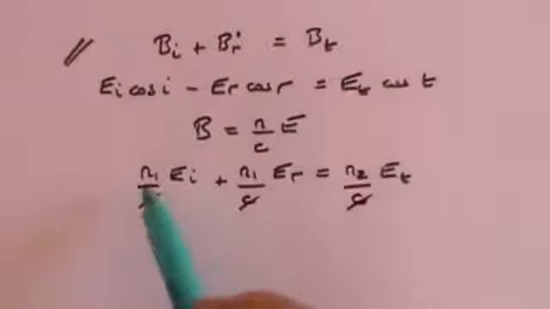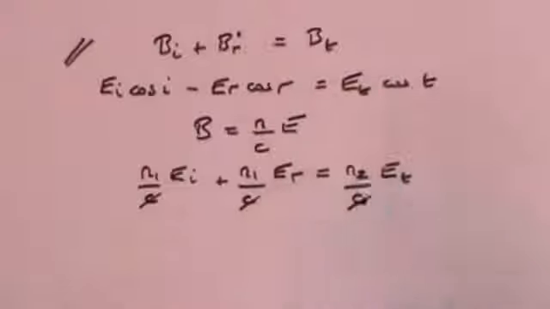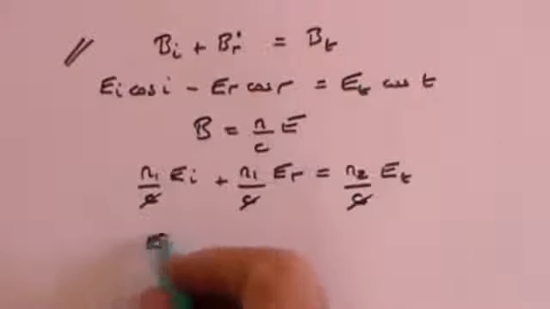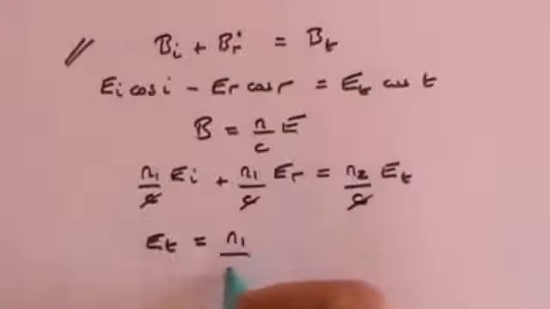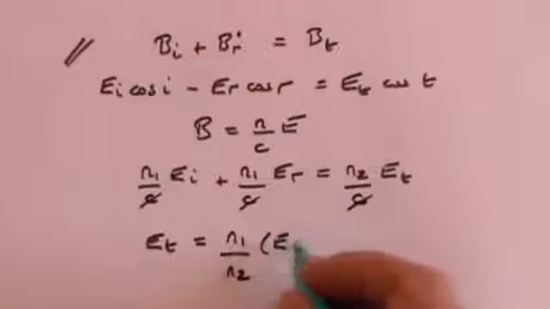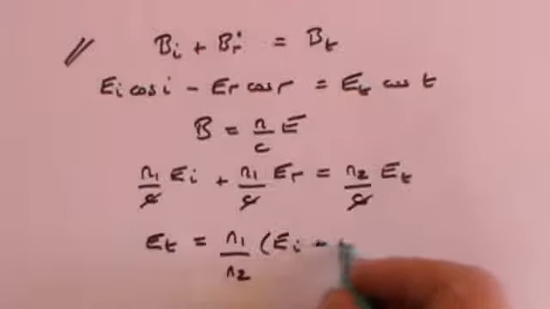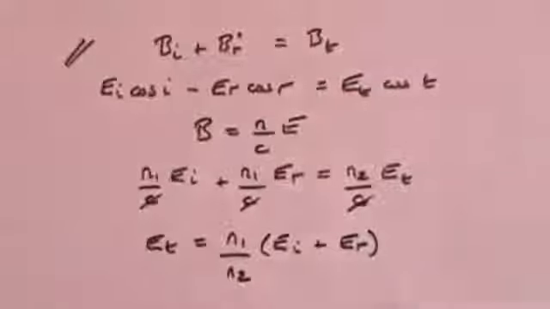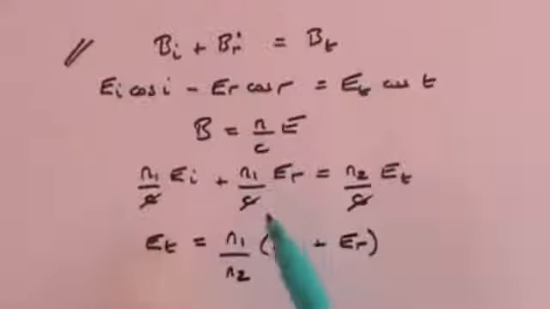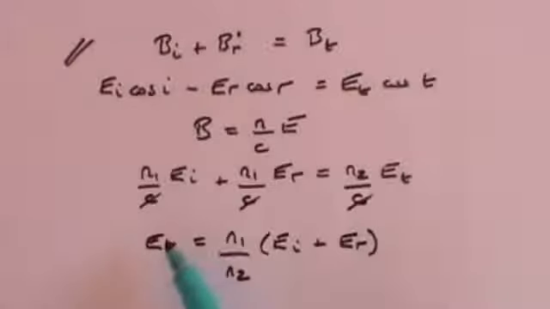And if you rearrange this formula by dividing through by N2, you should be able to see that ET is equal to N1 over N2 times EI plus ER. All I've done is to divide by N2, so you've got N1 over N2, N1 over N2, both of those can come outside into EI plus ER. And now we substitute for ET in this formula.